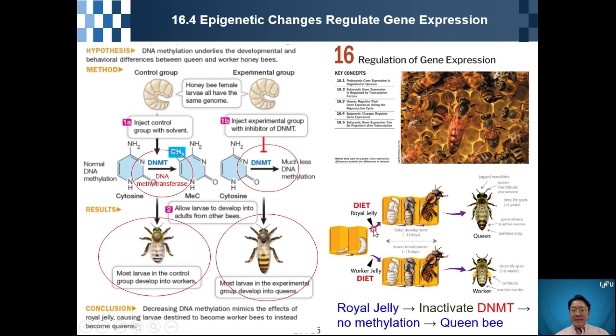If we do not give the royal jelly, it will become a worker bee. So in this slide we see that DNA methylation plays an important role in the development of the bee. It can become the worker bee or it can become the queen bee.